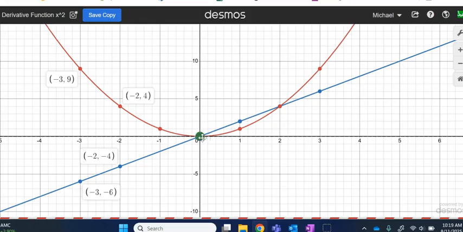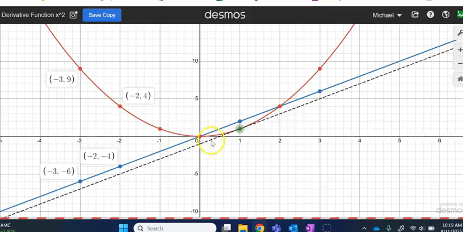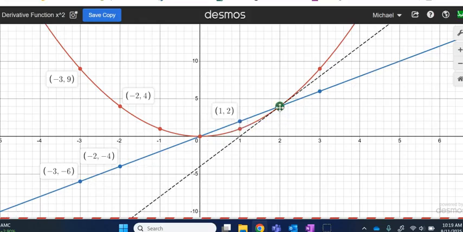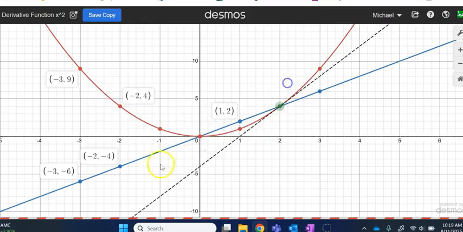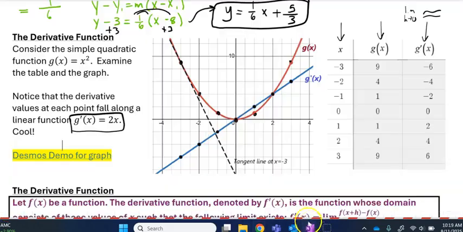So the derivative value is even 0. That's why it goes to the origin. By the time we go to this next value, we can see this derivative is finally positive. It's actually a positive 2. And moving on, the derivative becomes a positive 4 and a positive 6. So you can see as the tangent line goes from negative to positive, the derivative goes from being below the x-axis to above the x-axis.